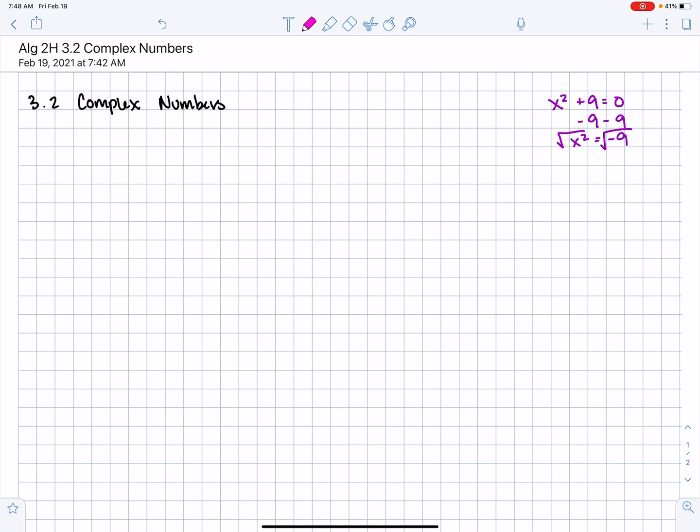So far in our math career, we talked a little bit about numbers. Back in kindergarten, we started talking about numbers, like whole numbers. We started counting, so we started with whole numbers, things like 1, 2, 3.